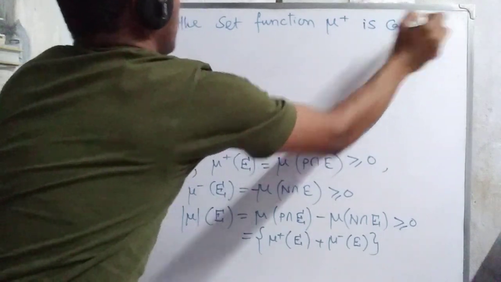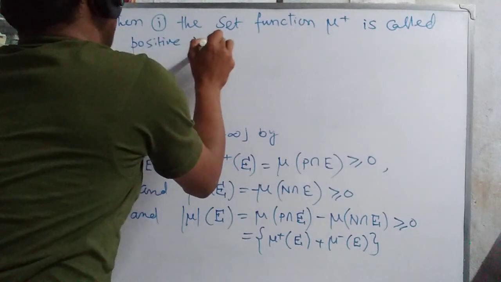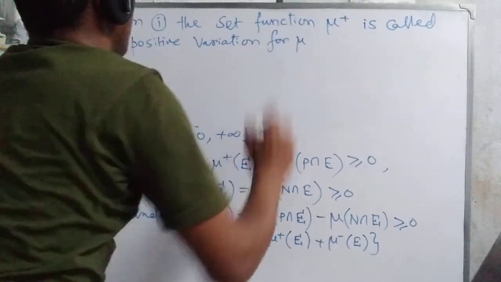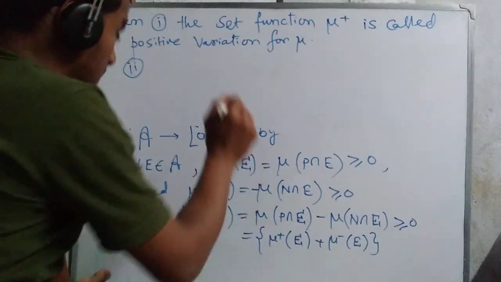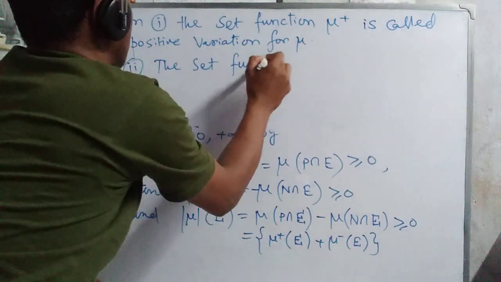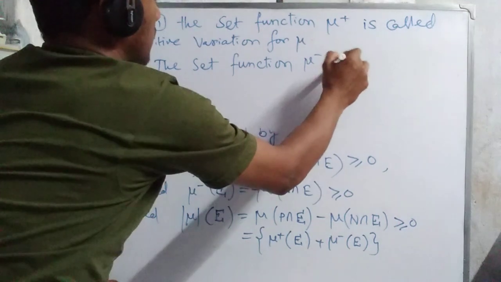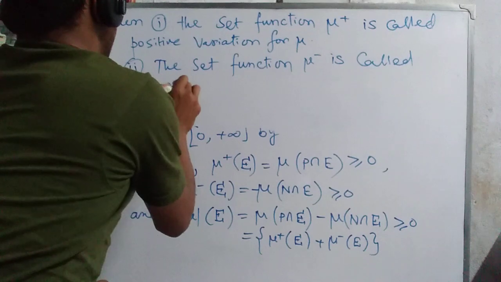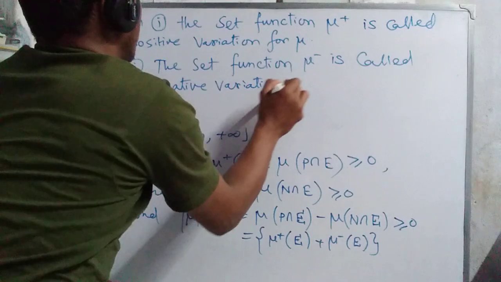Second, the set function mu minus is called the negative variation for mu.